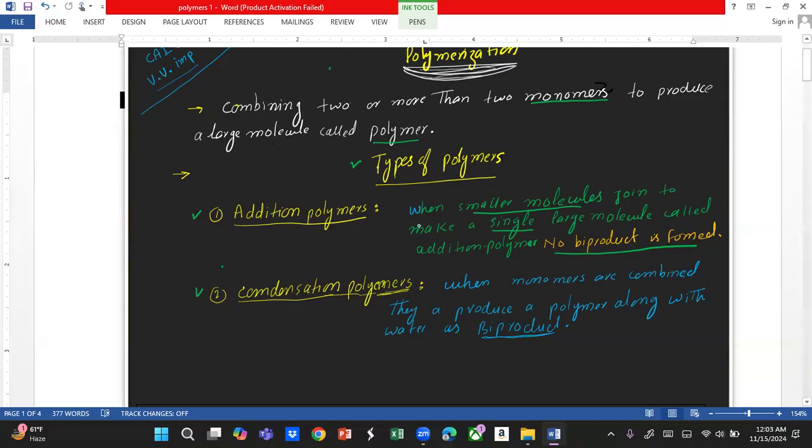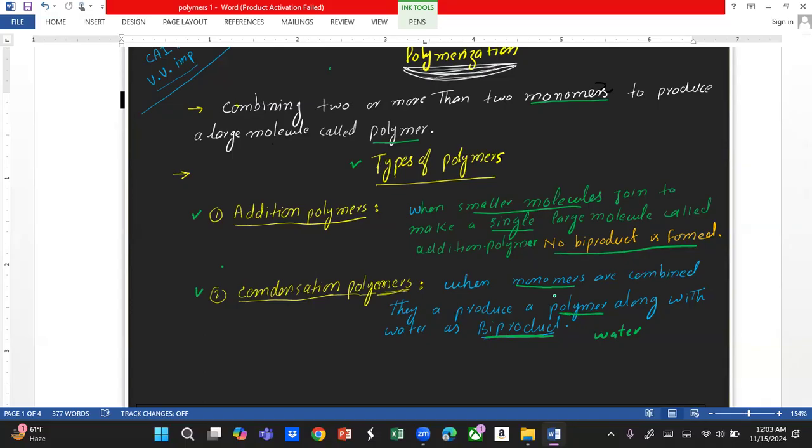Similarly, in condensation polymers, when we combine smaller molecules called monomers, they produce a large molecule called a polymer. But along with this, we will have a byproduct. The byproduct will be water in this case. Condensation polymers may be natural and synthetic, but addition polymers are mostly synthetic polymers.